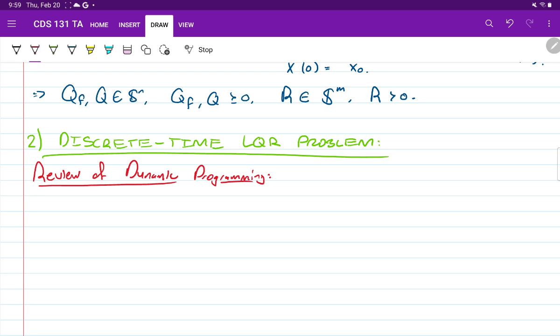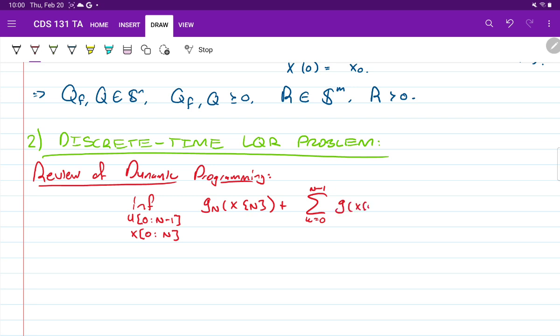Well, we had introduced this class of basic optimal control problems, where we want to solve this minimization over u going from 0 up until time n minus 1, x going from 0 up until time n, of gn of xn, plus the sum from k equals 0 up until n minus 1 of g of xk, uk, and k, subject to the constraints x k plus 1 equals A xk plus B uk, and x at time 0 equals x naught, okay?